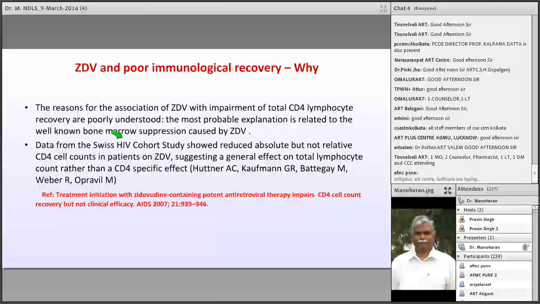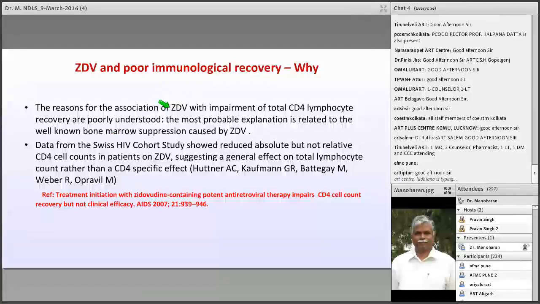So why does zidovudine cause poor immunological recovery? The association of zidovudine with impairment of total CD4 lymphocyte recovery is poorly understood. The most probable explanation is related to the bone marrow suppression caused by zidovudine. You know that the CD4 cells are mainly produced from thymus and bone marrow, and in case of bone marrow suppression, definitely we expect low CD4 count.